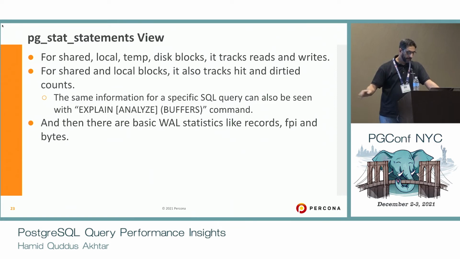There's also other pieces of information that explain analyze buffers will give you for other operations like sort and stuff. And finally, it provides you information about WAL statistics, like records and full page images and bytes.